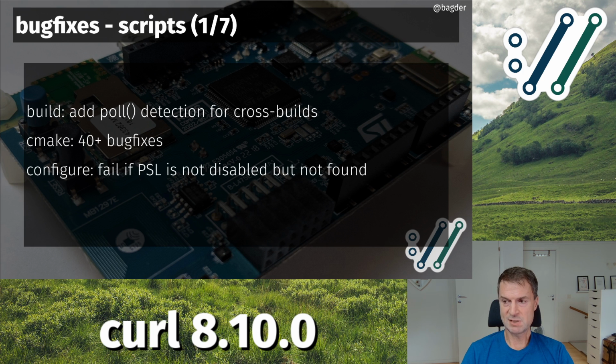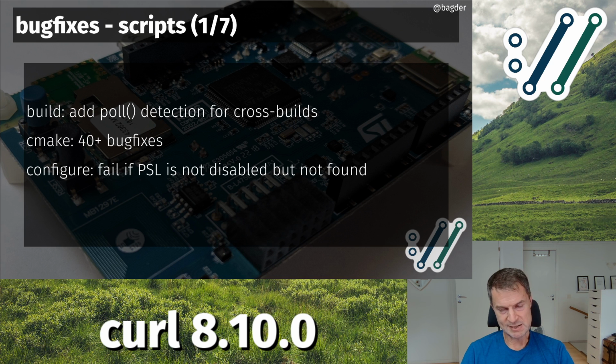I had this silly regression because a while ago I made it a requirement that the configure script would either find libpsl or ask you to explicitly disable PSL, so that you wouldn't by mistake build curl without PSL. But it turns out that wasn't the case anymore. Now it is the case again.